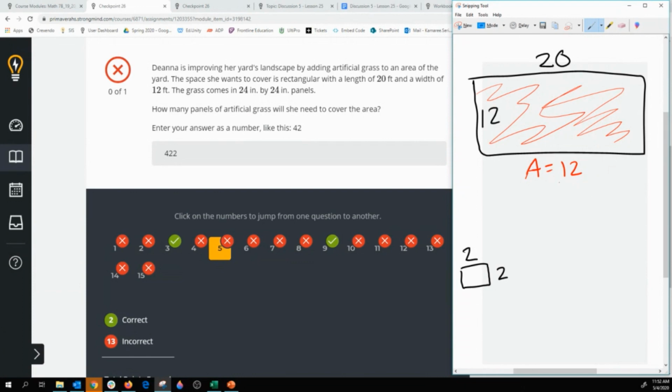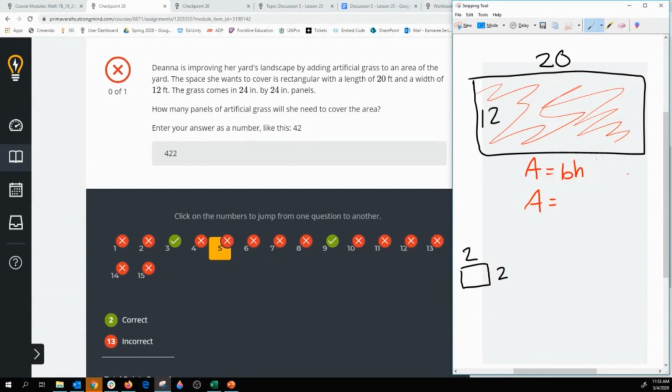So remember, area formula is base times height. So think back to what we did on the other problems. Let me write the formula for you. Base times height. So if my base is 20 and my height is 12, all I need to do is just multiply them, because that's what my formula is telling me to do.